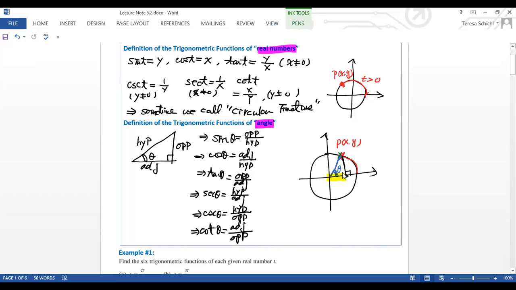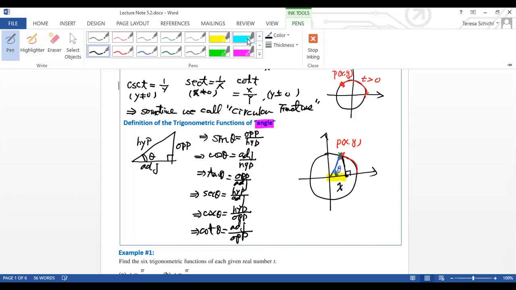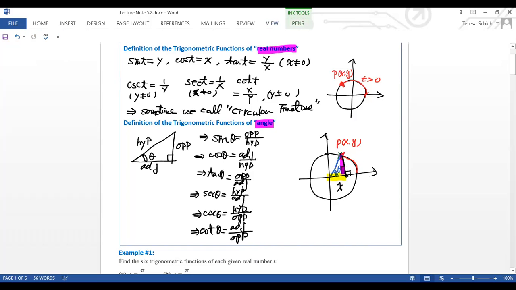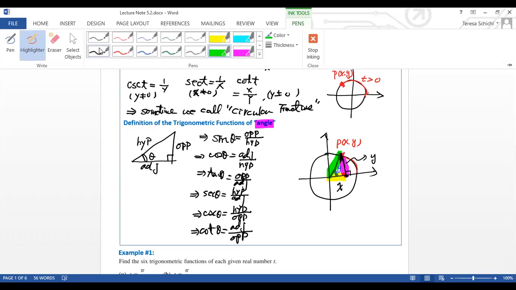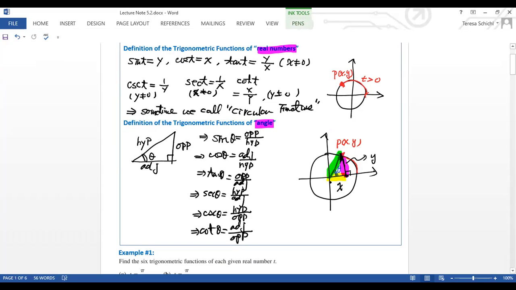This is the value of X, because this point is X. And this side here is the value of Y. And what is this green side here? The green side is the hypotenuse. Because this is a unit circle, this hypotenuse is my radius, so the radius is 1 here.